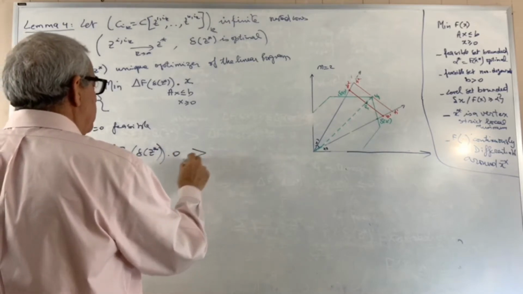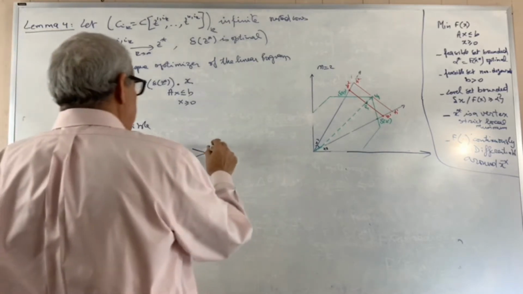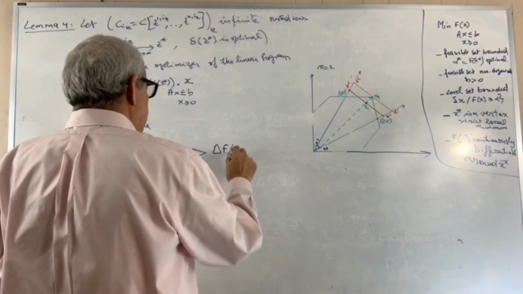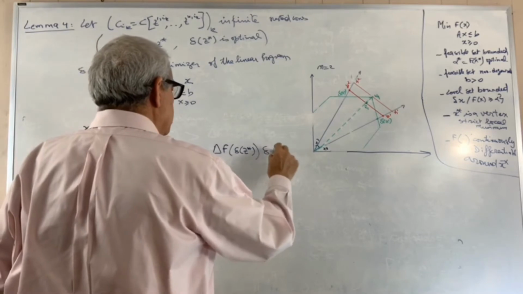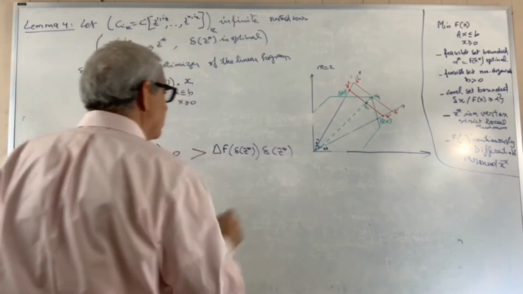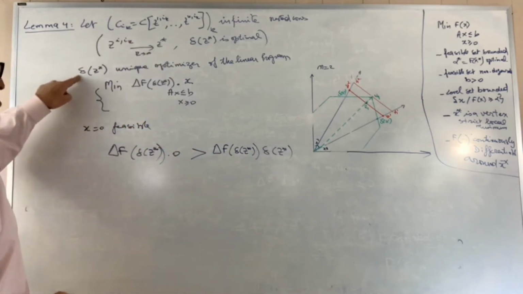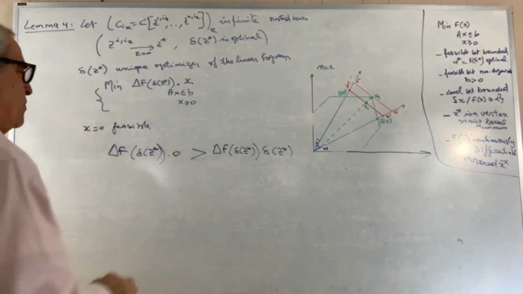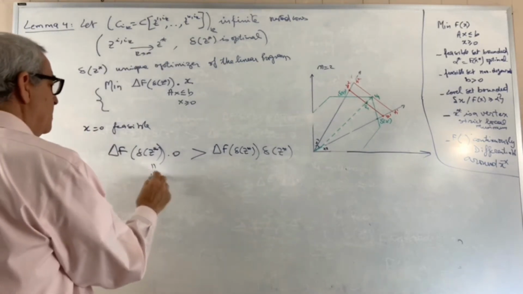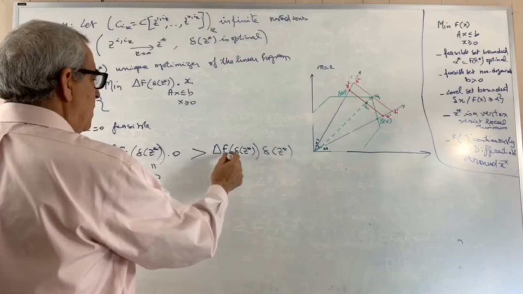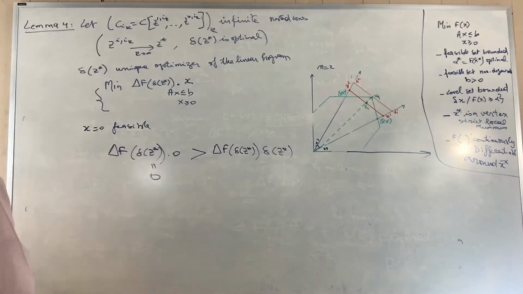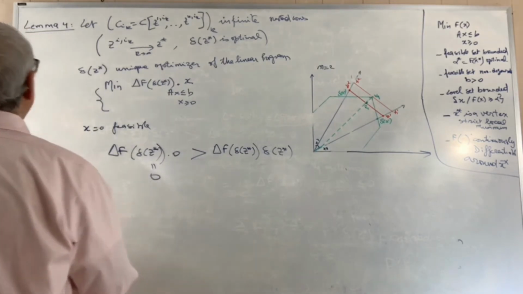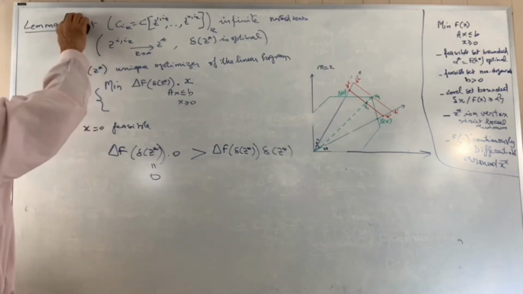That's strictly bigger than the gradient at delta of z star times delta of z star, because delta of z star is a unique optimum. And this is equal to 0. So the gradient at delta of z star times delta of z star is strictly negative. And this leads us to the next lemma, which I call lemma 5.